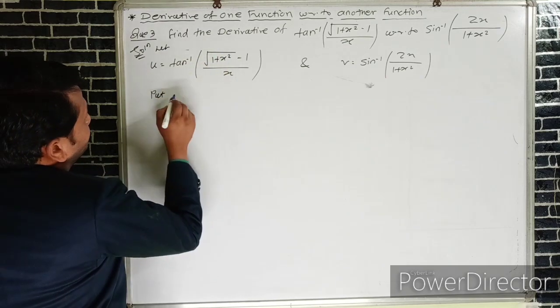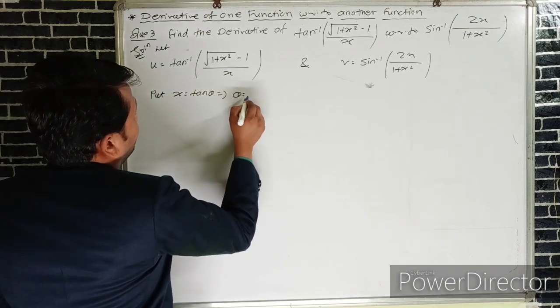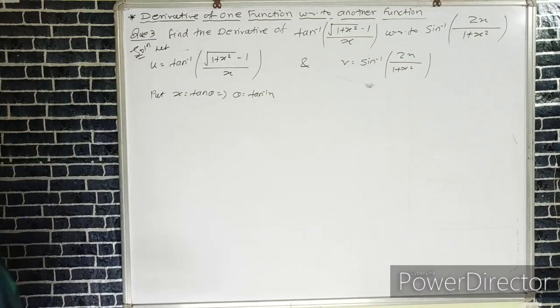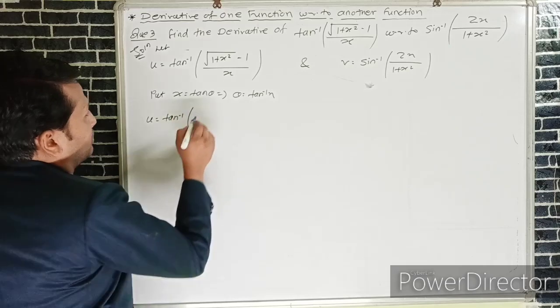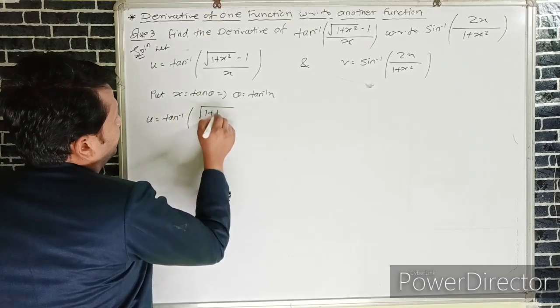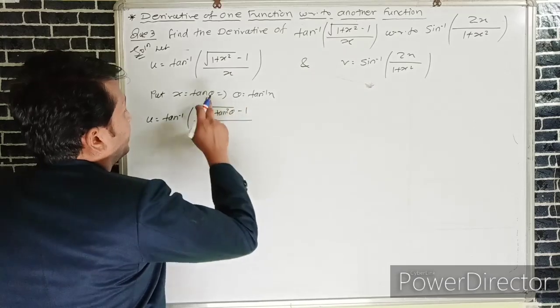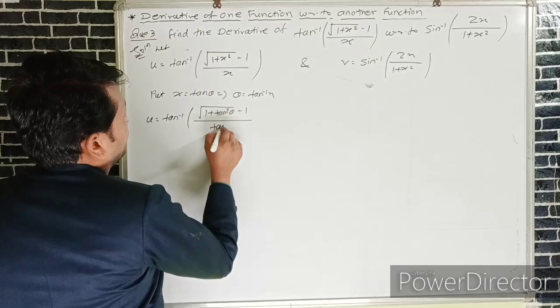If we solve this example, we first substitute x is equal to tan theta, which implies theta is equal to tan inverse of x. Then u becomes tan inverse of under root of 1 plus tan square theta minus 1 upon tan theta.